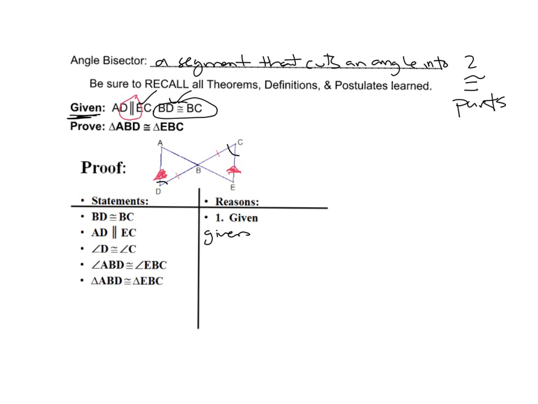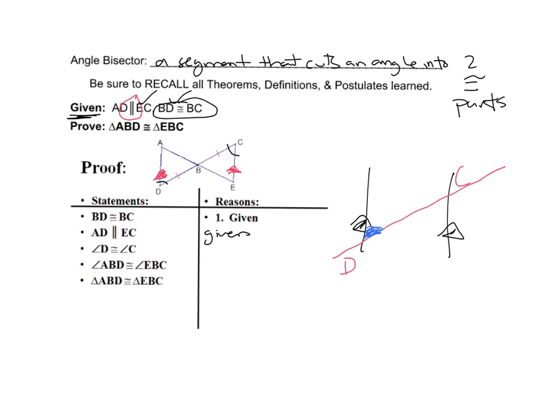Now, the question is, why would that be true? Now, imagine this. We have these two parallel lines, right? And then we have DC. This is where D is, and this is where C is. And they basically serve as a transversal. So we should hopefully recall something special about alternate interior angles.